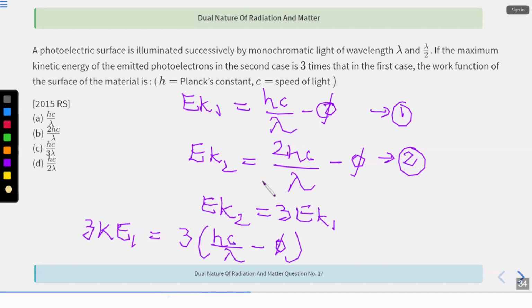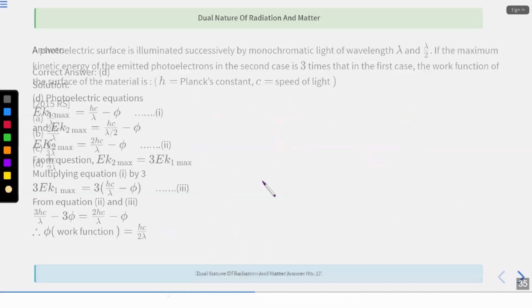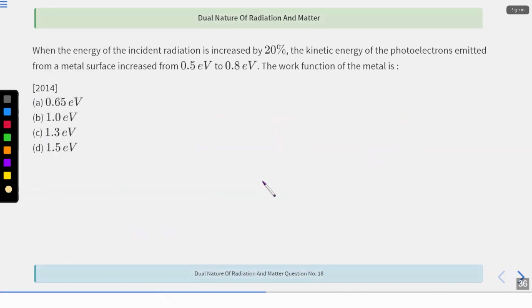This was the first equation. So I can again use these 2 and 3 equations to get that my work function is nothing but hc by 2 lambda. And that is my option D. Yes?